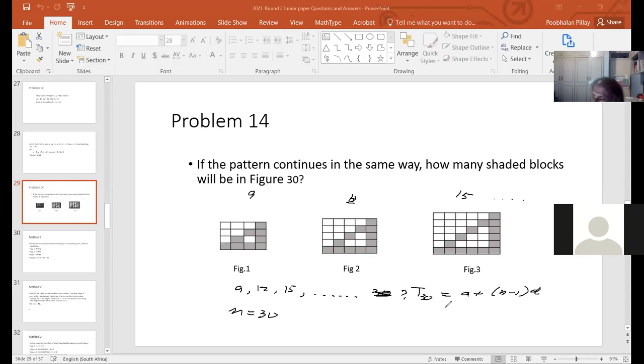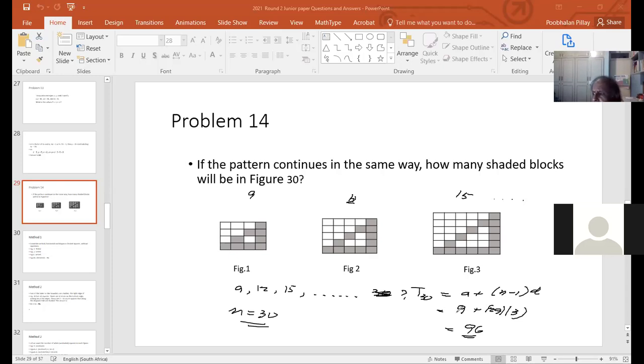The a we can see is 9, n is 30, so that's 29, and d is 3. So that gives you 9 plus 87, it's 96. So if you do it like this, the answer is 96. And that is the correct answer.